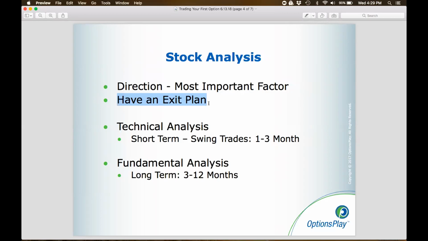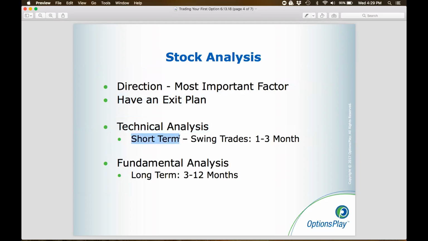Okay, so what I've broken down here is two primary ways that people typically like to analyze stocks. You have technical analysis. This is for those of you that like to use charts or historical data to try to anticipate where the future price of a stock is going to be. Most technical traders tend to be more on the shorter end of the spectrum.